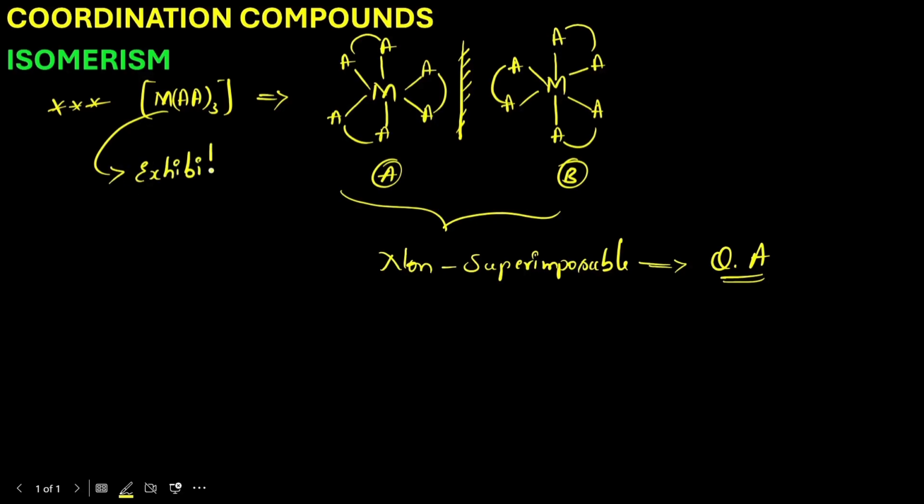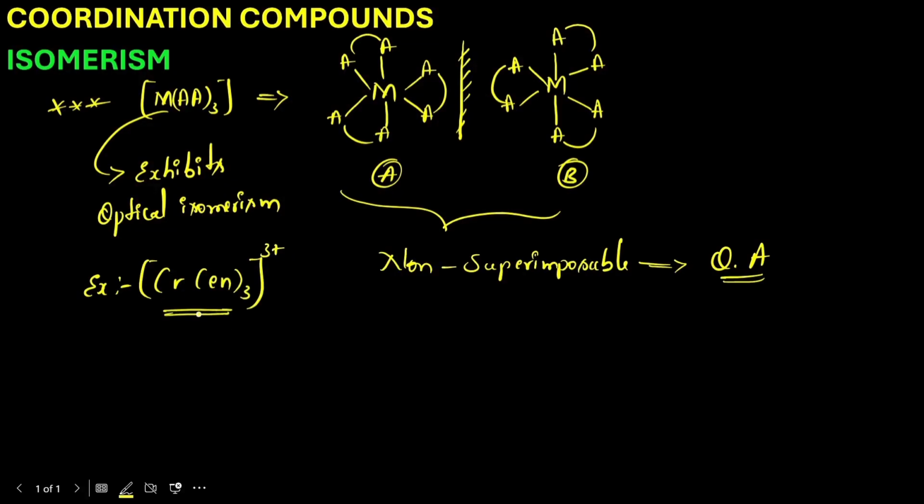Example, [Cr(en)3]. The charge on the complex will be 3 plus. This is an example for the type of complex M(AA)3.